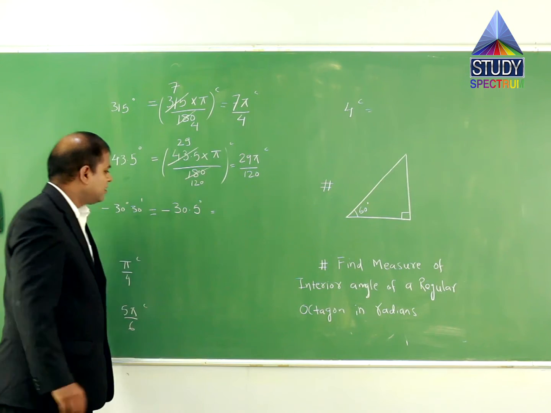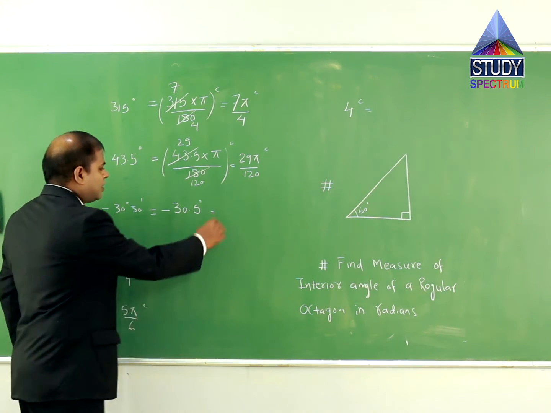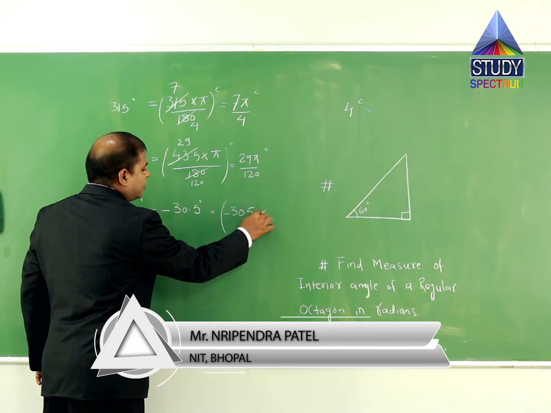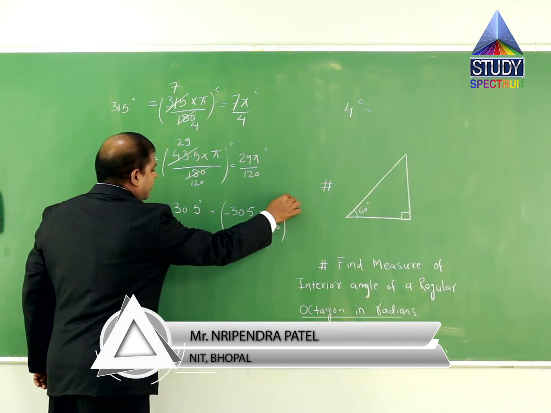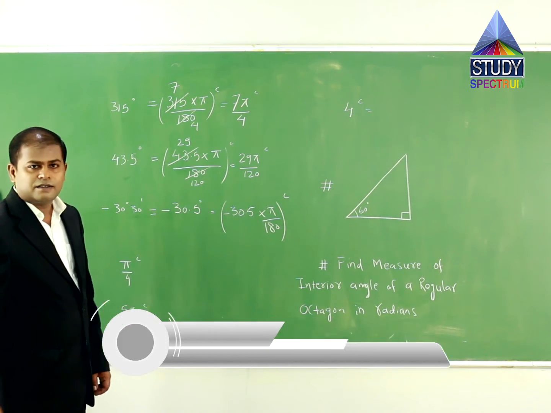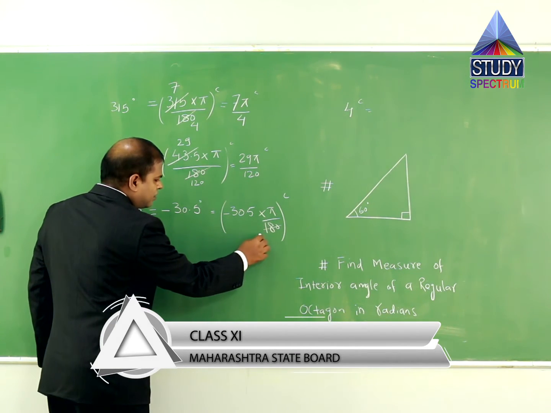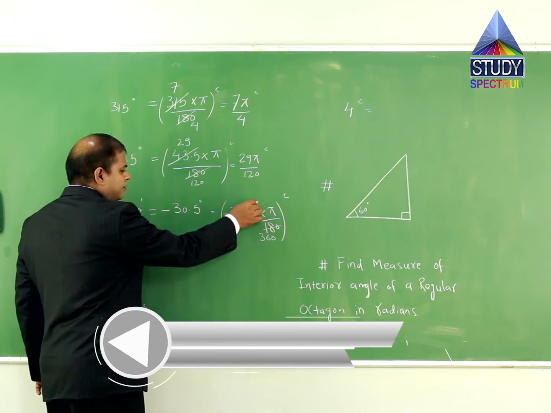And how to do that? Multiply it with pi by 180. So answer would be minus 30.5 into pi by 180 radians, right? Simplify it further if you want. 180 divided by 5 is 36. If I divide by 0.5 it would be 360.